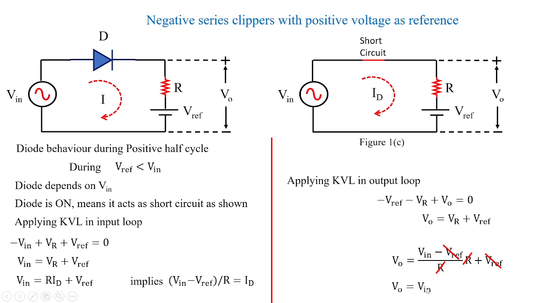Hence the output voltage is equal to the input voltage. So under the positive half cycle, we have two conditions. First, when the reference voltage is greater than the input voltage, the reference voltage is dominant and the output voltage is equal to the reference voltage. But when the reference voltage is less than the input voltage, the output voltage is equal to the input voltage.